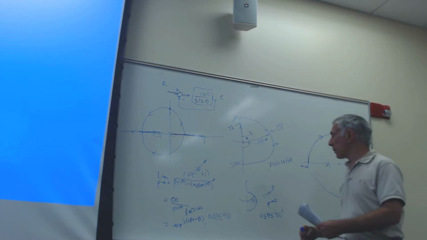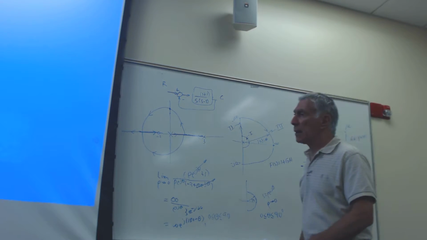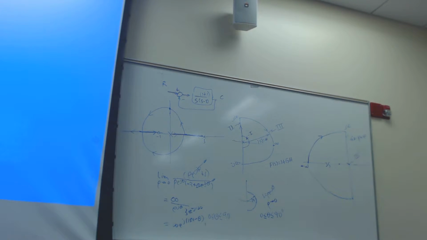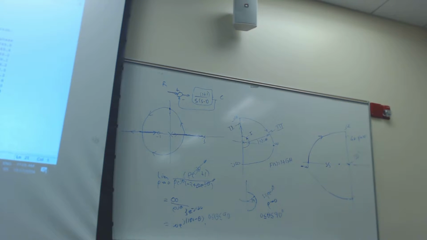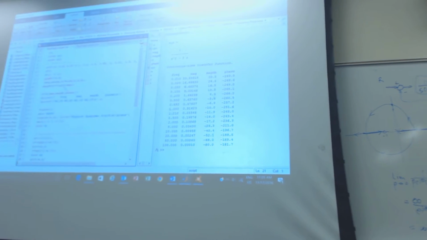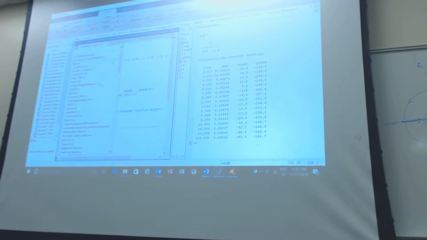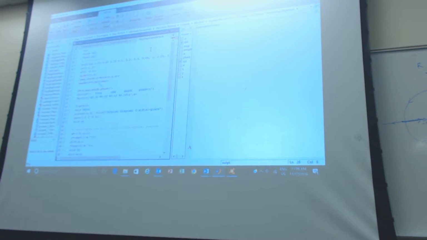And now the next part of the diagram, we can take a look at, and here I want to call 1A, and 1A is right here. And so I execute 1A and look at the frequency response.